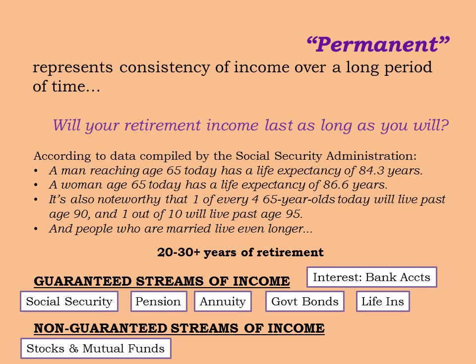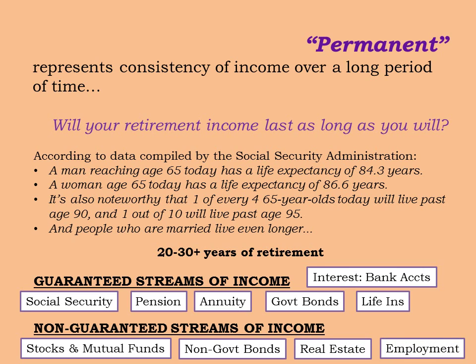Non-guaranteed streams of income include distributions from stocks and mutual funds and also dividend income, non-government bonds, real estate, and finally, wages that people earn during their retirement.